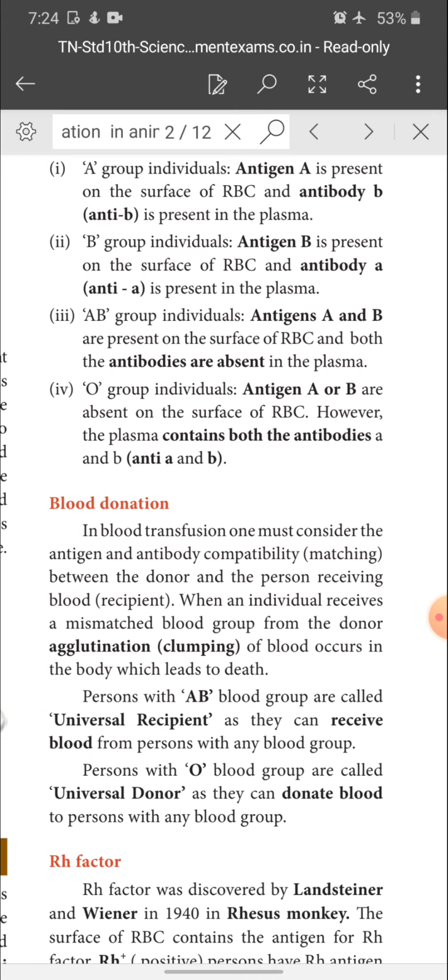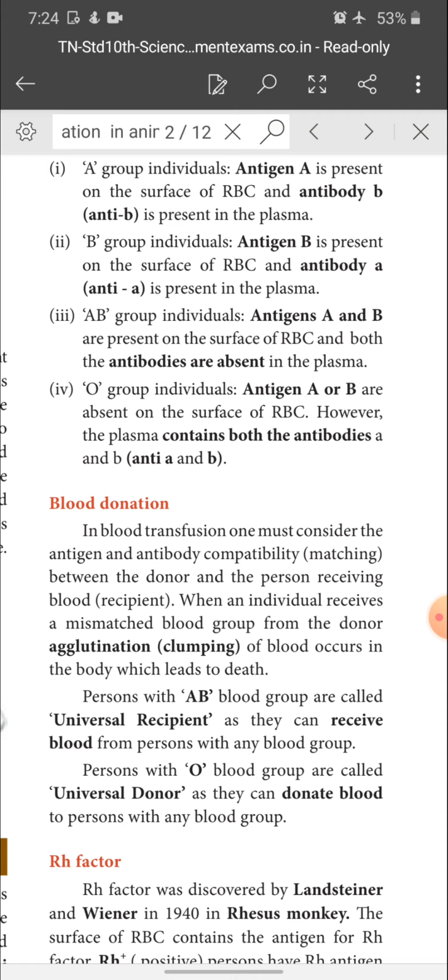So children, regarding blood donation, before blood transfusion, we must consider the antigen and antibody compatibility of both donor and recipient. If the blood group is the same, no problem.